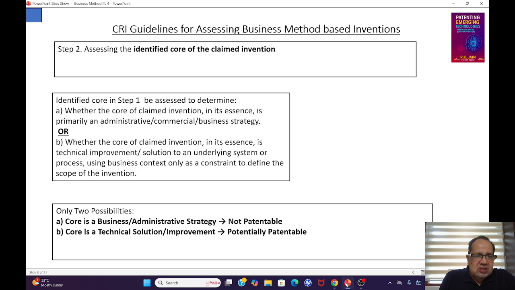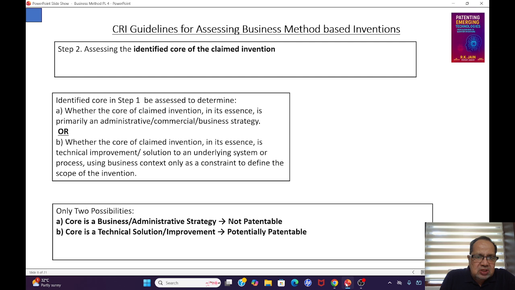In this, we assess the identified core to determine whether that core is primarily an administrative, commercial, or business strategy, or whether the core of the claimed invention in its essence is a technical improvement to an already underlying system, or a new process or a new system which uses that business context only as a constraint to define the scope of the invention, meaning thereby that the business method is being used to put a technical effect as part of the solution so that there is a tangible improvement either in that system or the process.